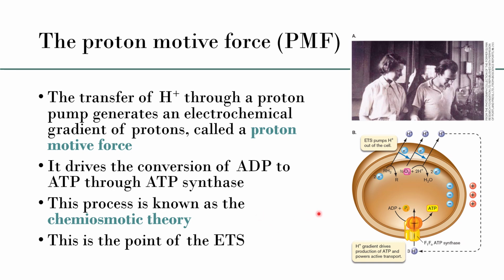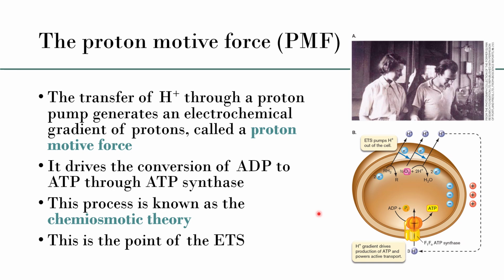So this is the transfer of hydrogen ions from the cytoplasm into the periplasm or into the external environment, and that's going to create an electrochemical gradient, meaning not only do I have a chemical gradient where I have hydrogen on one side but not on the other side of my membrane, but it's also an electrical gradient, where I have many, many positive charges with those protons on the outside of the cell and not as many positive charges inside the cell.